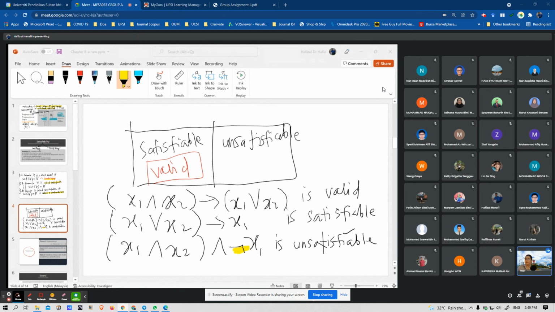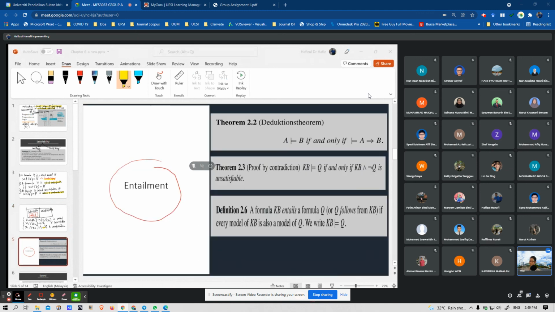This one is for the entailment. Basically, it is the relationship between two sentences.